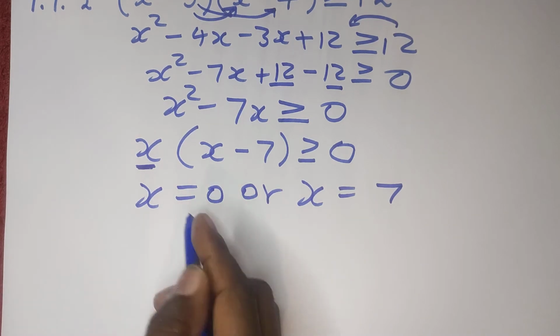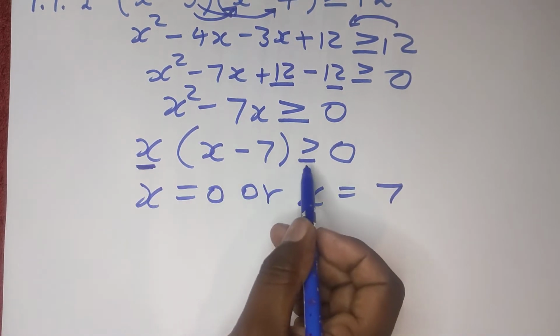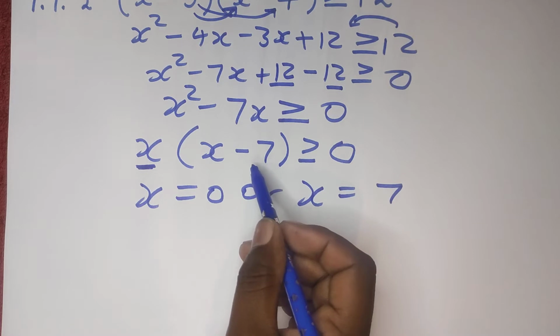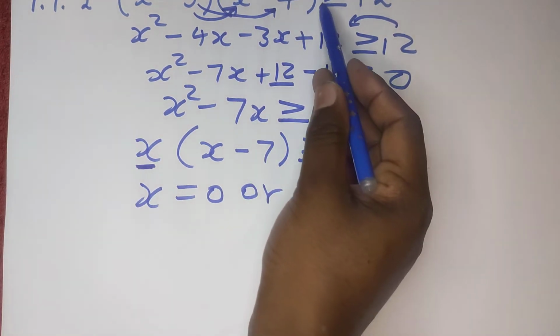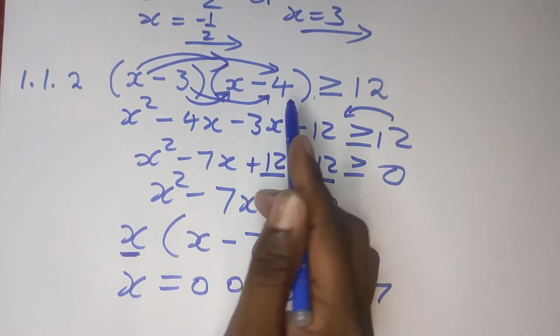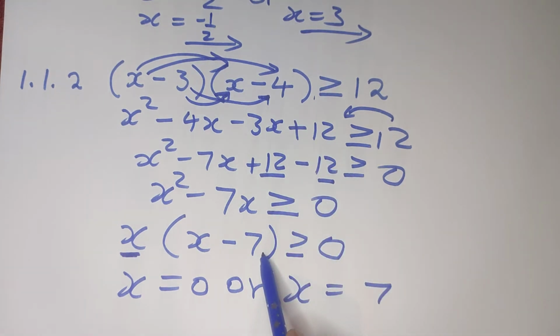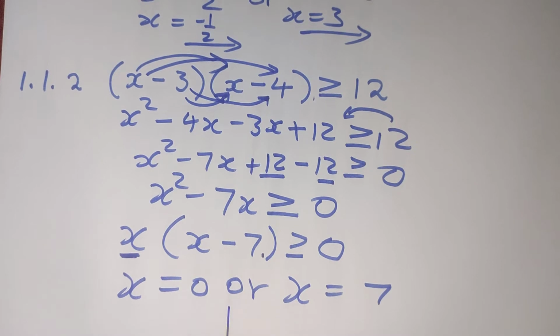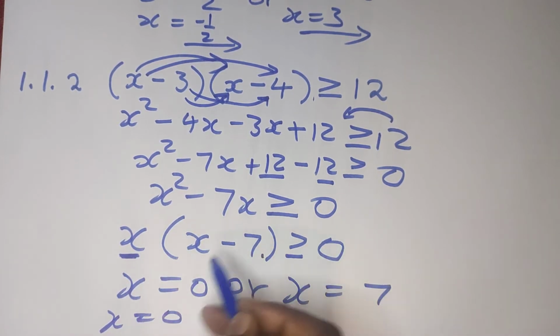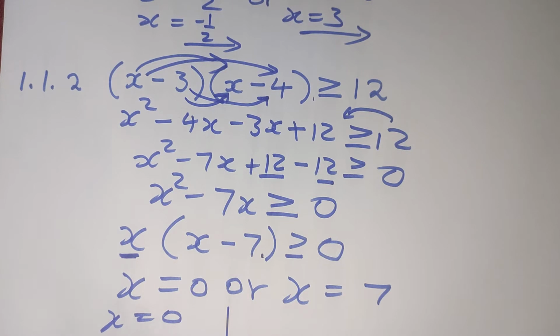But now you need to find the values of x that will satisfy the original equation. So first, let's start by looking at the value of x equal to 0. Let's substitute 0 and see if it satisfies the equation. So we have 0 into 0 minus 7.